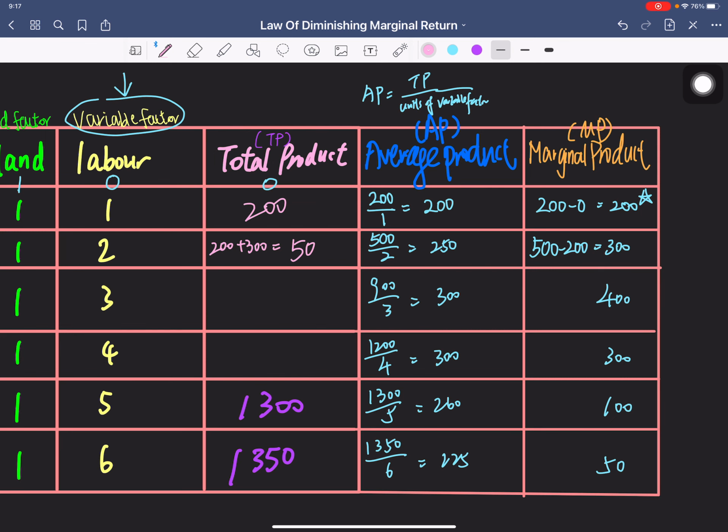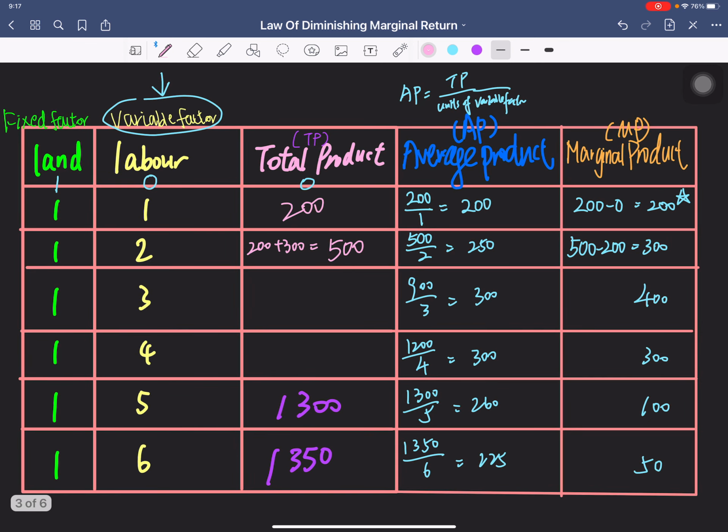So this is 500. Similarly, when the third unit of labor is employed, this additional unit of labor helps our marginal product gain 400 products. Just to give you additional information, it doesn't mean that the third worker can work solo and produce these 400 units of marginal product himself.